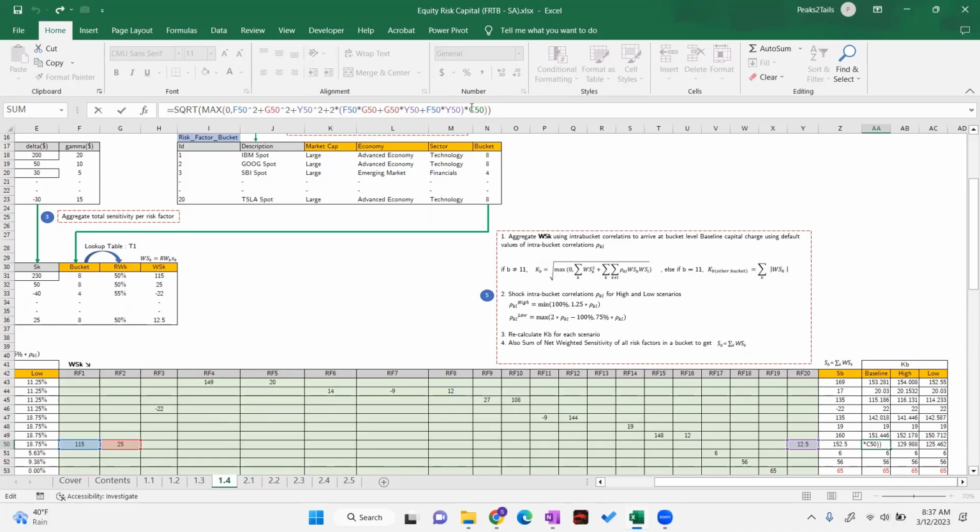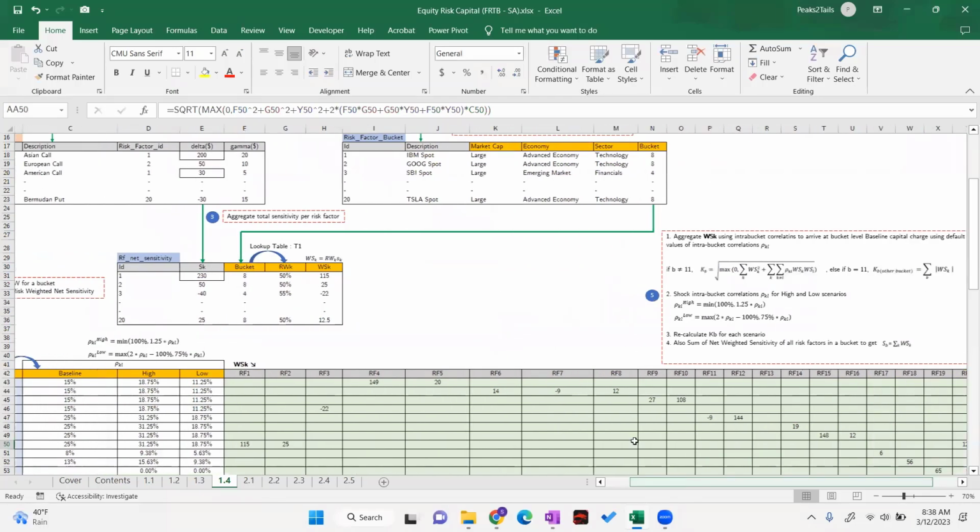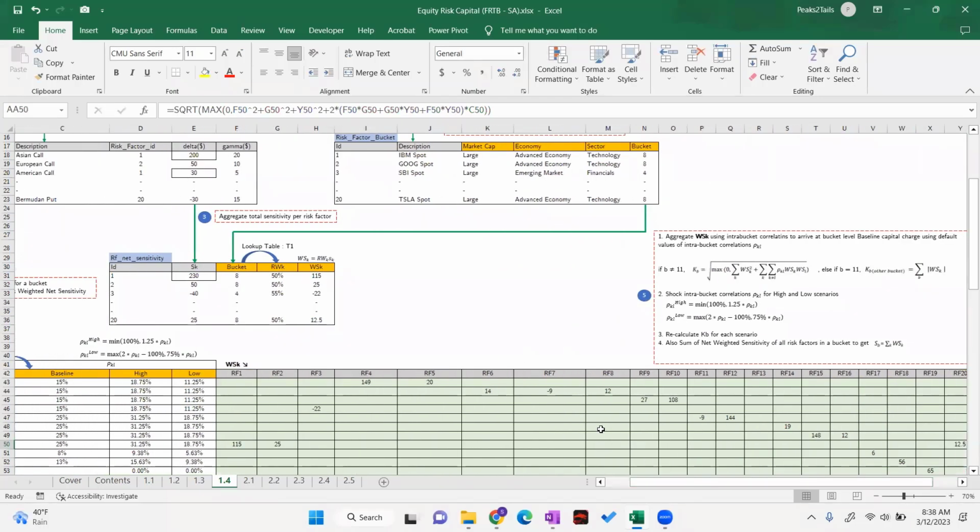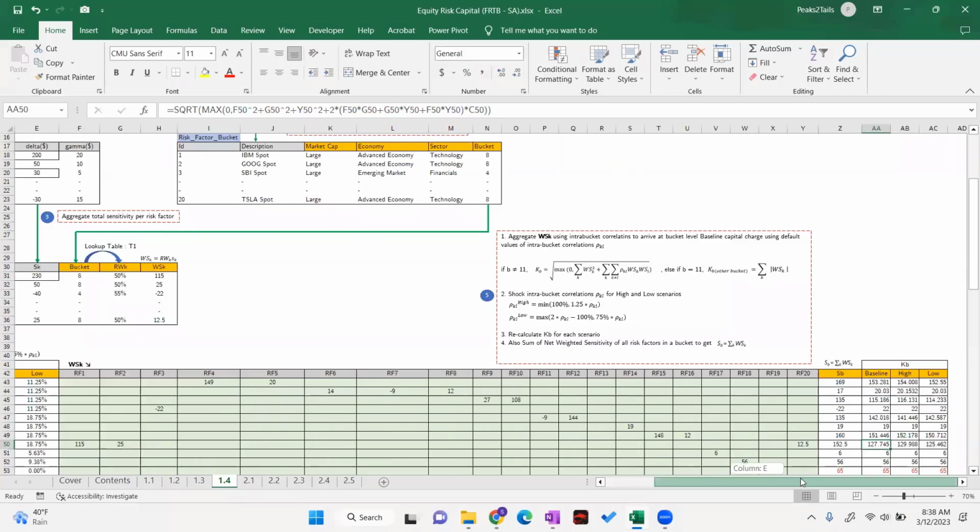Whole into this correlation, which is the same because it is the intra-bucket correlation. For all pairwise combinations, it's the same correlation. If there are 3, it is manageable. But if it gets beyond that, I would recommend using a vectorized implementation. Don't do it like this. In Excel it's not easy, but in Python it will take a couple of lines of code.